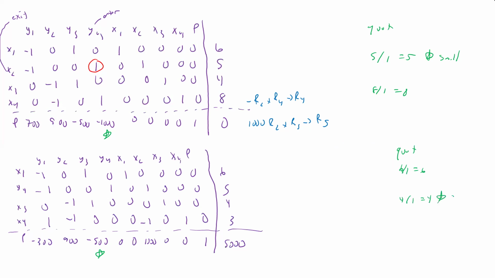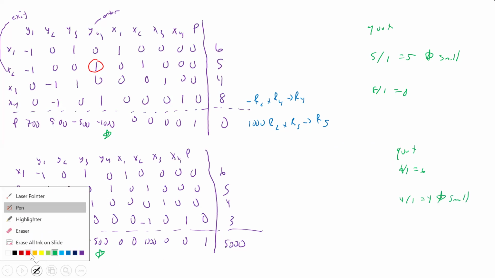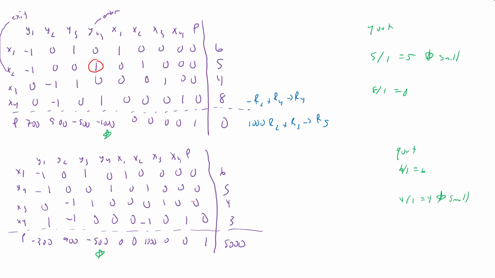That one is the smallest, and that's on this row here, so that's going to be our pivot point. If that's our pivot, then we take minus row 3 plus row 1 to get our new row 1.